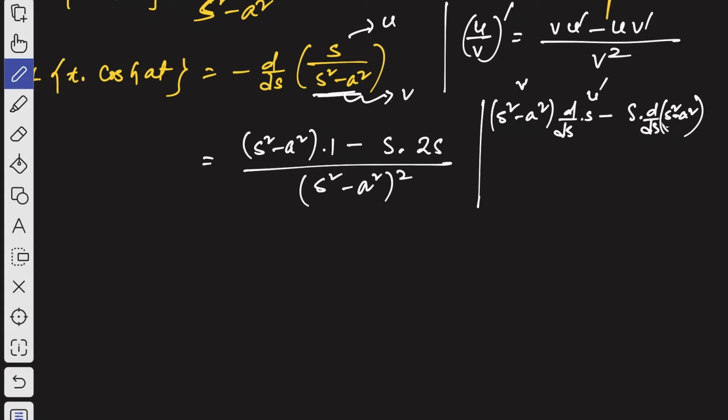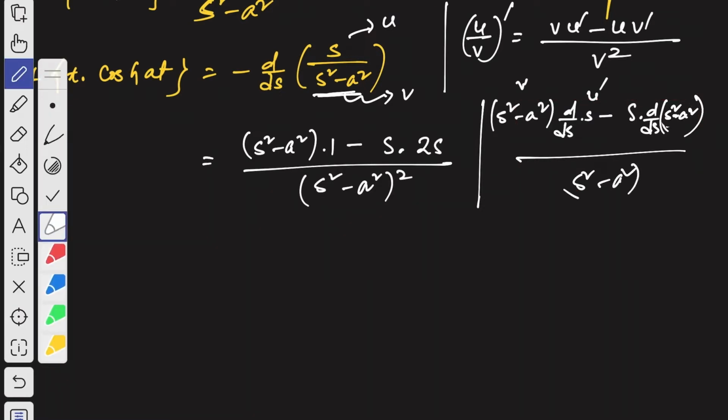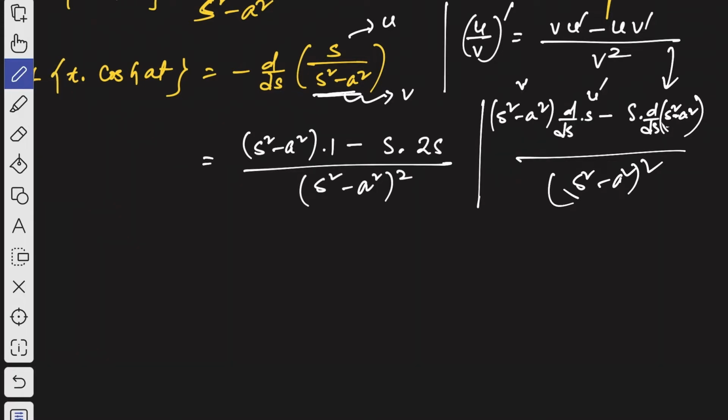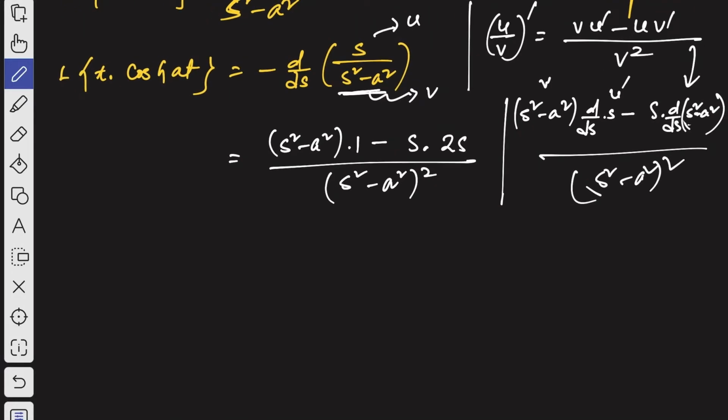So hope you have understood this, s square minus a square, right? And by s square minus a square whole square. So this quotient formula is applied here. Okay, so hope you have understood. The s is simple derivation, and so s square minus a square minus twice s square by s square minus a square.